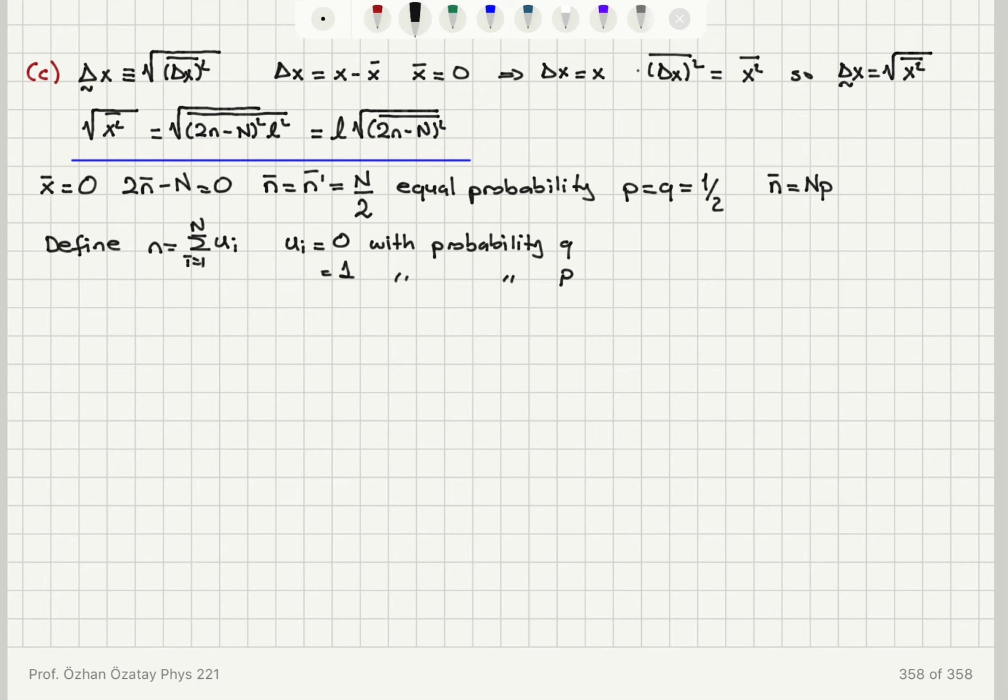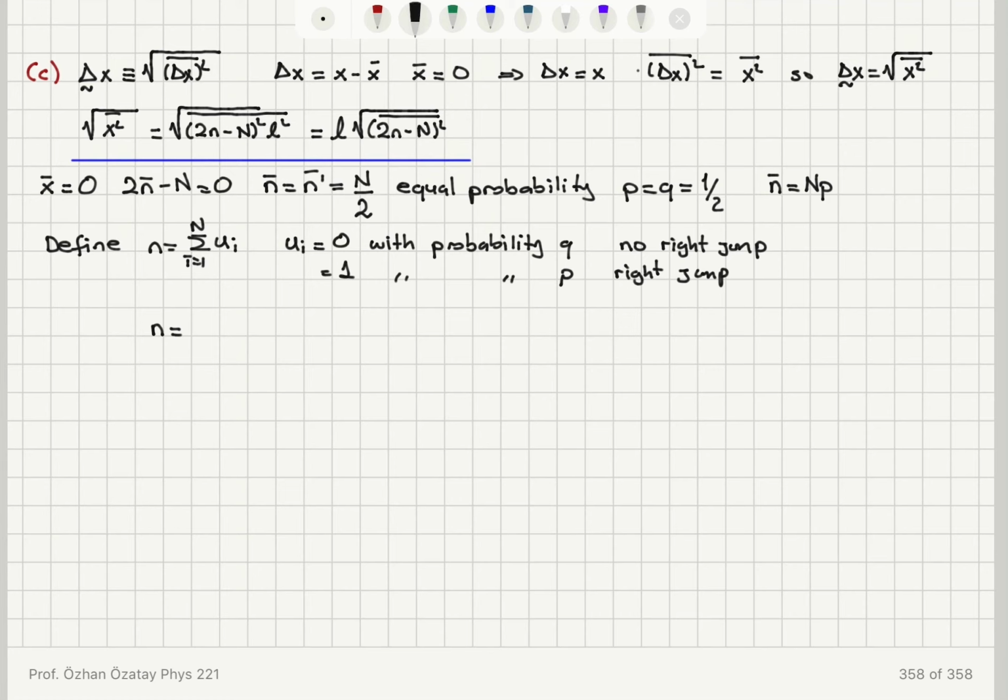So I can think of the net number of steps to the right. If there is a step to the right, it is 1. If there is no step to the right, no right jump. Okay, so the probability of no right jump is equal to Q. Okay, so n is going to be the total number of right jumps.